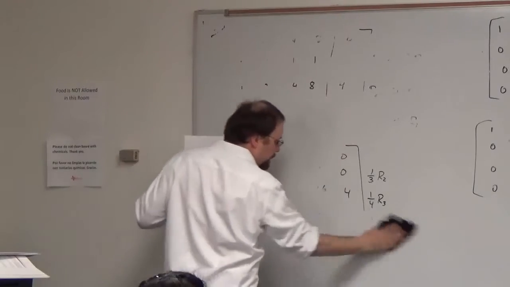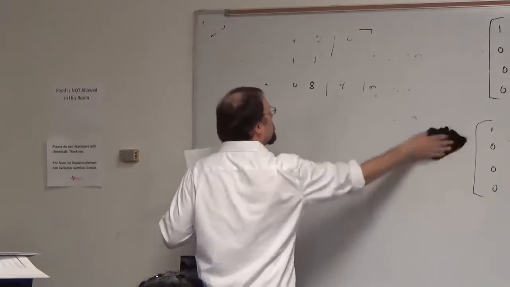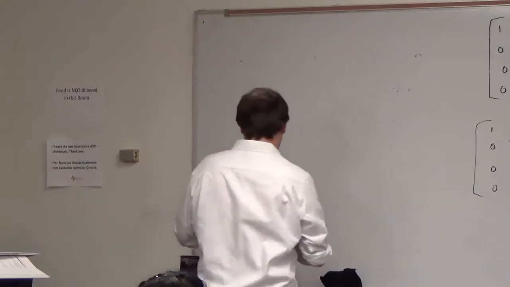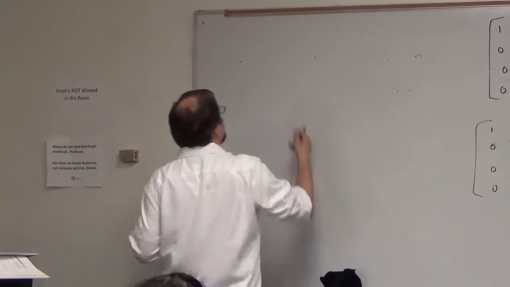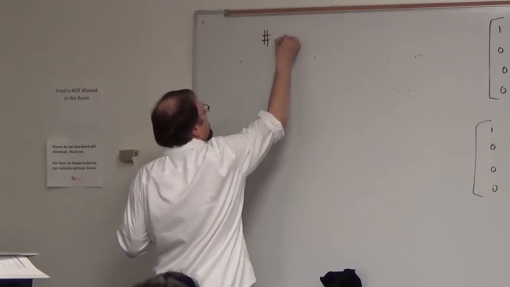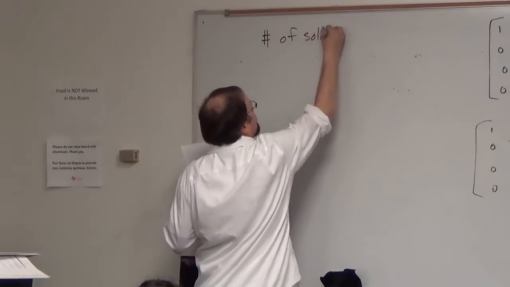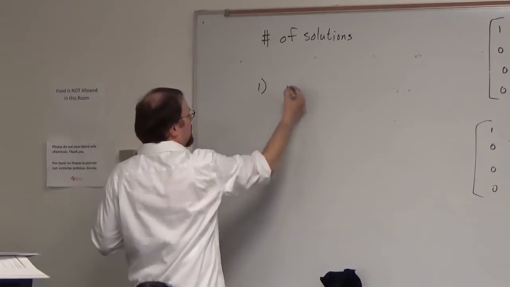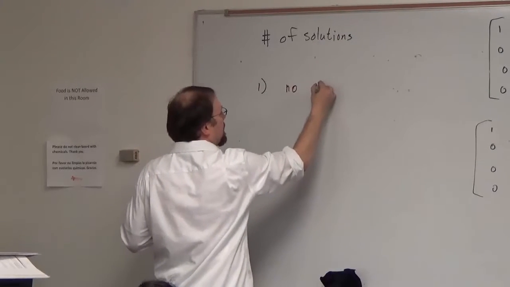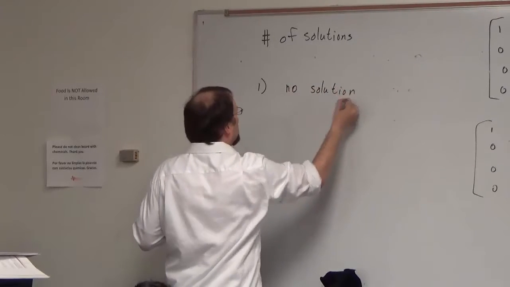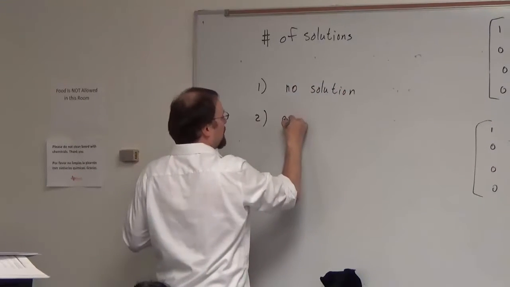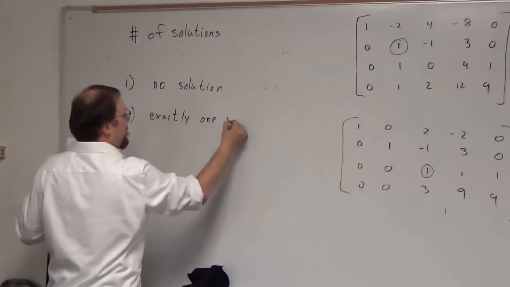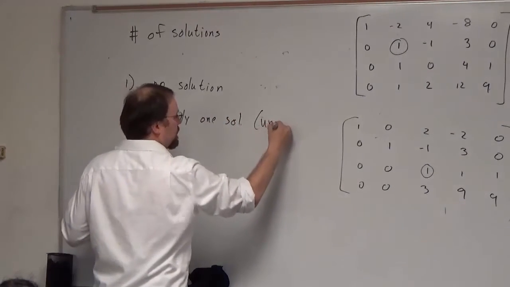Well, again, we reduce the matrix. So the number of solutions in this linear system: no solutions, exactly one solution, a unique solution, or infinitely many.